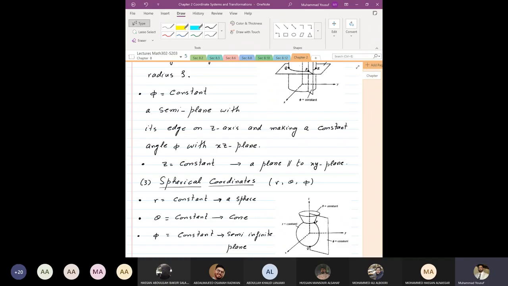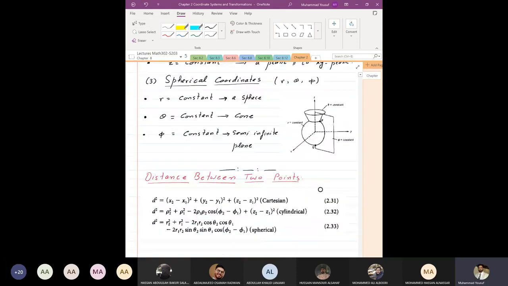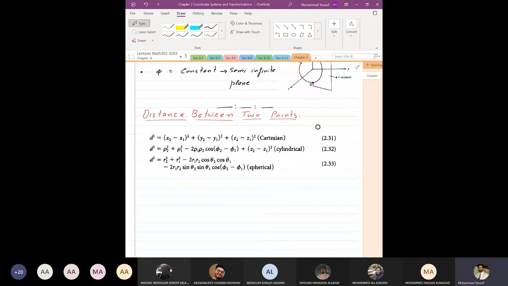R constant is a sphere, like what they are trying to show on the left hand side. And phi constant is a semi-finite plane, exactly same thing we have written here. So this is the figure which is telling us about these three surfaces when these variables r, theta, and phi are constant.